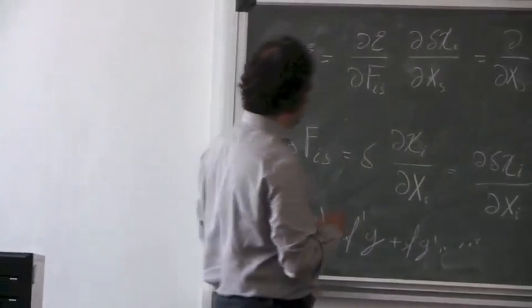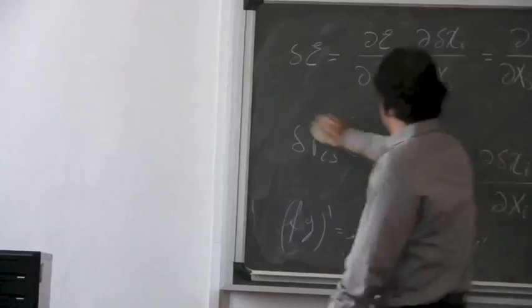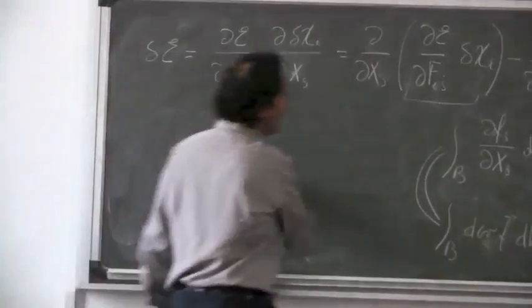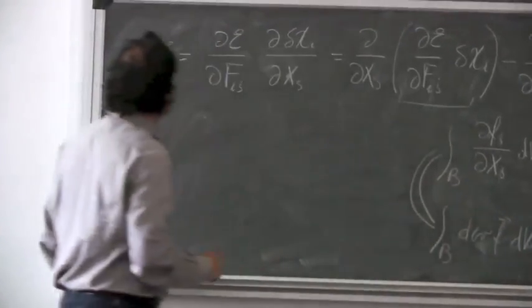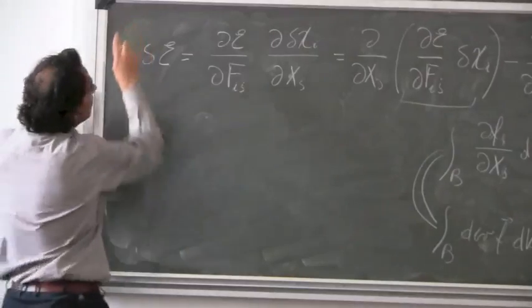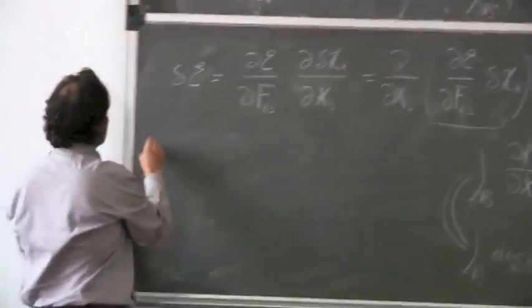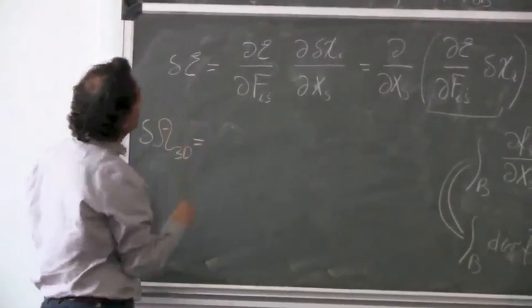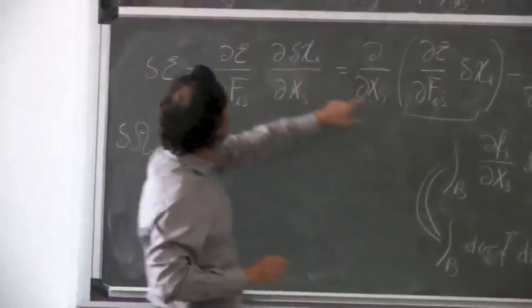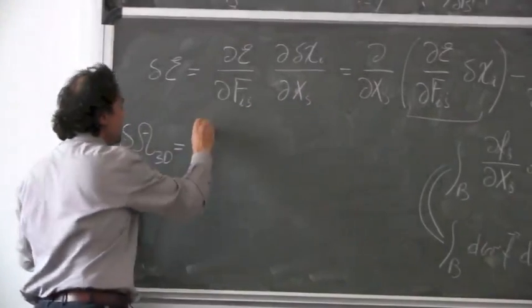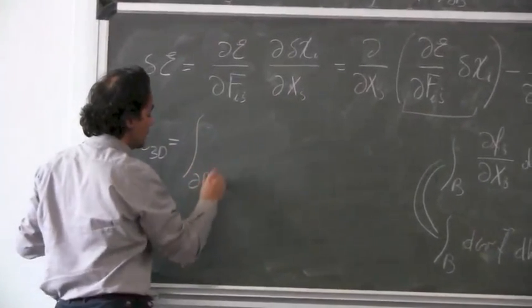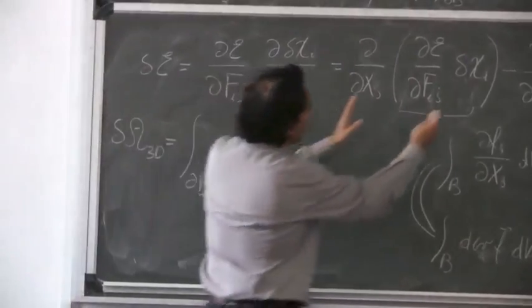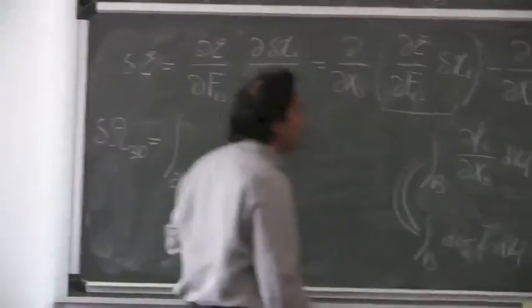Now I can say that the variation of this action in 3D is equal to the integral over the surface of this multiplied by ni or nj.